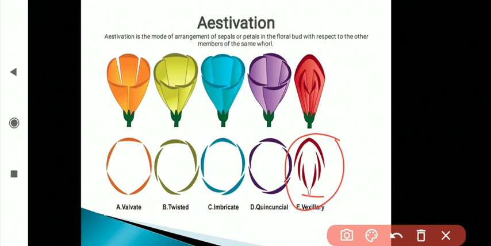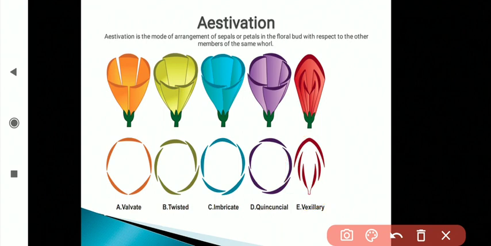Now one more type of aestivation, that is imbricate aestivation, which is also known as imbricate alternate aestivation. It is imbricate with the outer whorl of the perianth part, that is sepals or outer tepals, alternating with the inner whorl of the perianth part, which is found in tuberose flowers, and is called imbricate alternate type of aestivation.